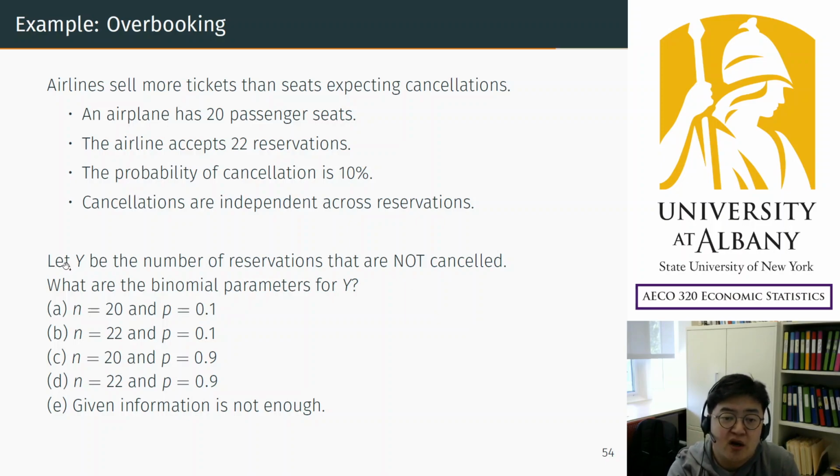Here, we are defining the binomial variable in this way: the number of reservations that are not canceled. The maximum possible value is when all passengers with reservations come to the airport. That is 22. So the parameter can be understood as the maximum possible outcome. So the answer is D.